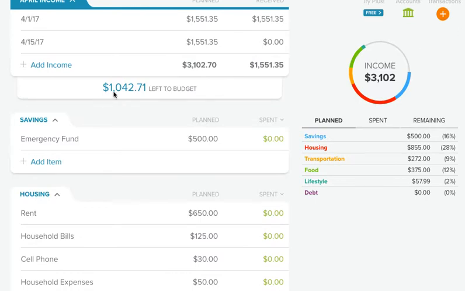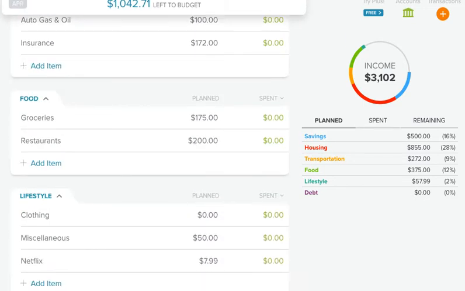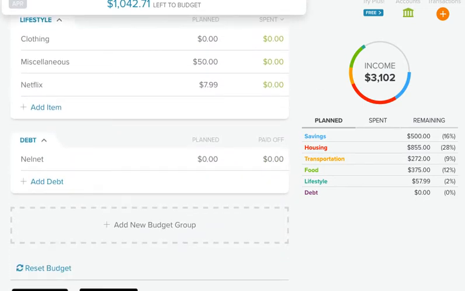So it says that I have $1,042.71 left to budget. As you can see, savings is 16% of my income. Housing, which includes the bills, would be $855. Transportation, $272. Food is $375. Lifestyle, $57.99. And then my debt, which I'm going to go ahead and put that amount. So I don't have that many expenses.